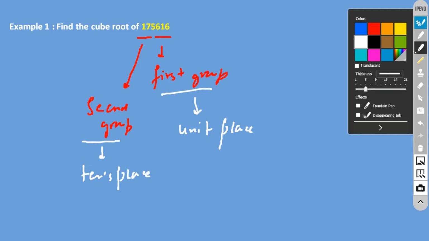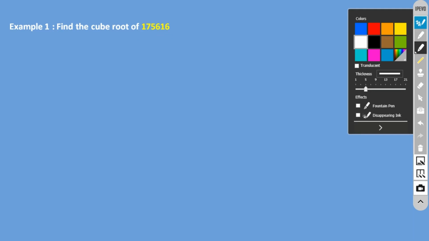So how are we going to do it? The first group was 616. In this, the unit place is 6.